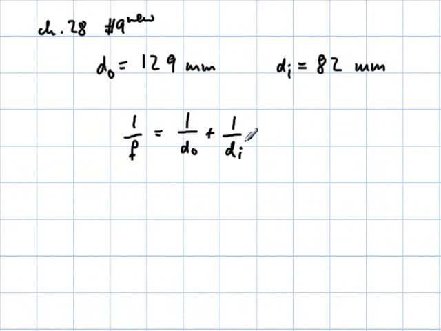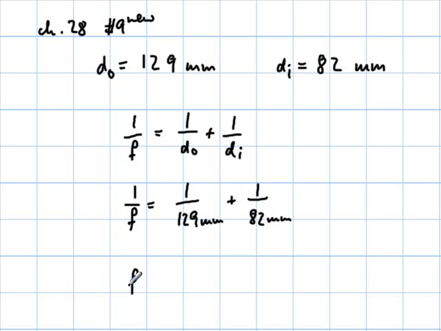And what I'll do on the calculator is I will type the right hand side in such a way, 1 over 129 plus 1 over 82. Hit the enter button, and then I invert it again because I need to do that for the focal length.